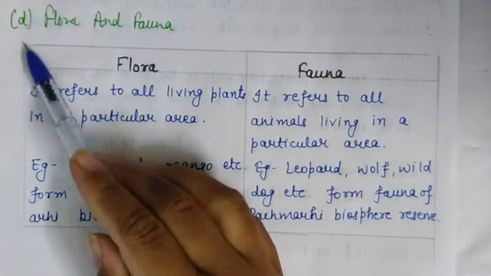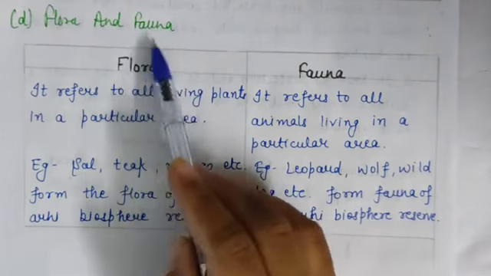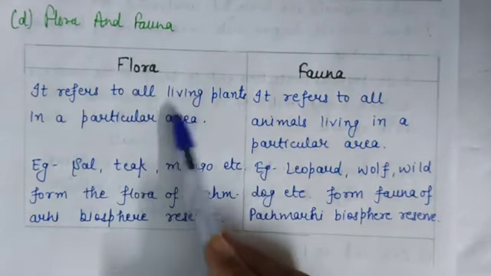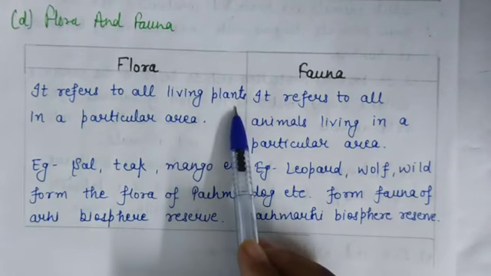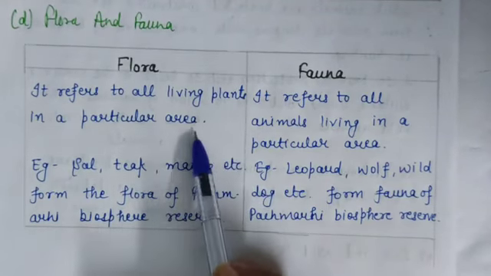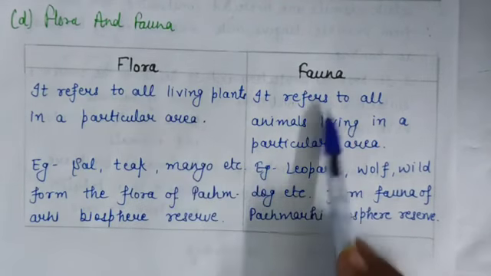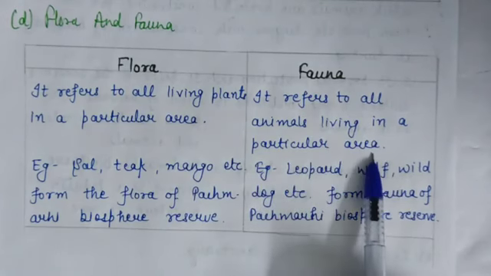Now the next part is flora and fauna. So what is the difference between flora and fauna? We know flora refers to all the living plants in a particular area. Means plants found in a particular area are termed as flora. And fauna refers to all the animals living in a particular area.